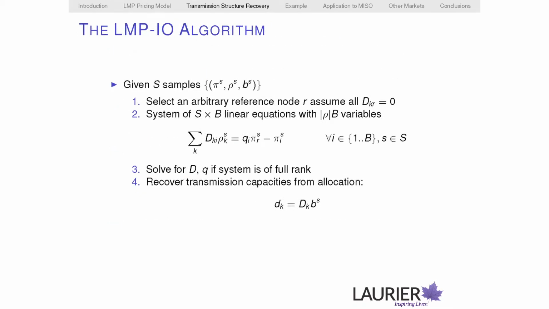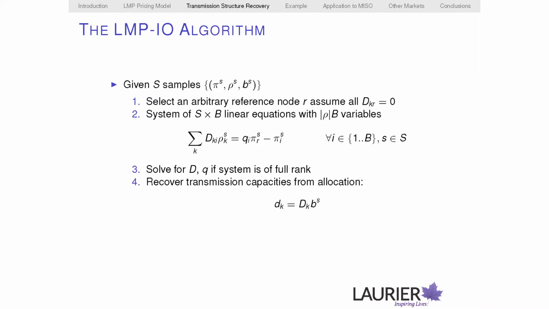And so basically our algorithm is just to take advantage of that: we select that reference node, set all those things equal to 0. We get that system of equations. If we have enough samples with an appropriate subset of active constraints, just note, if a constraint isn't active, you don't have any information about it, because its shadow price is equal to 0. It's not affecting the outcome in any way. So that gives us the set of linear equations.